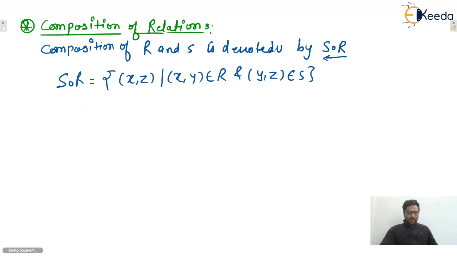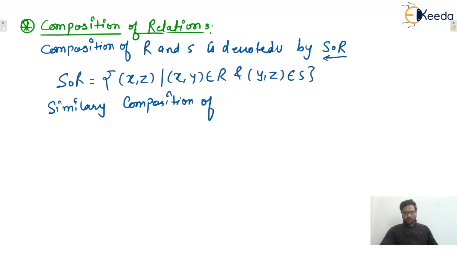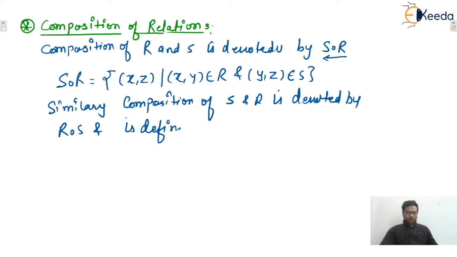Okay. Similarly, the composition of S and R is denoted by R of S, and this is also represented in the reverse manner.